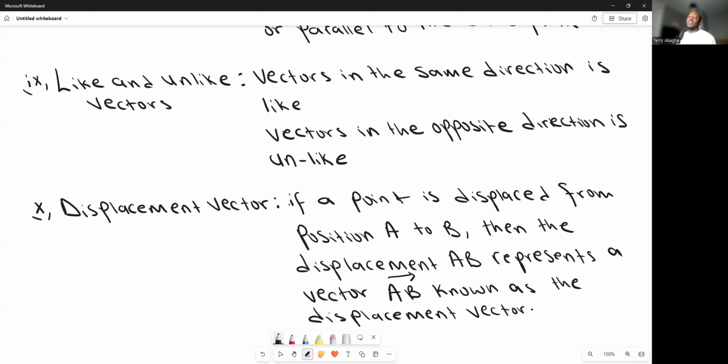All right. So this is the displacement vector, and that will be all for the 10 types that I will talk about here.